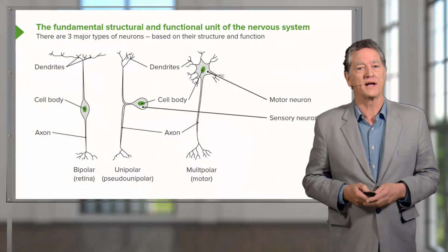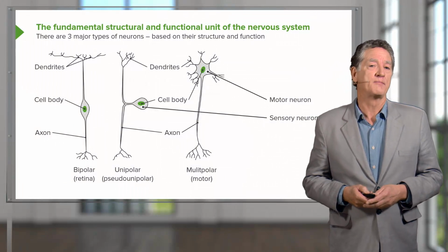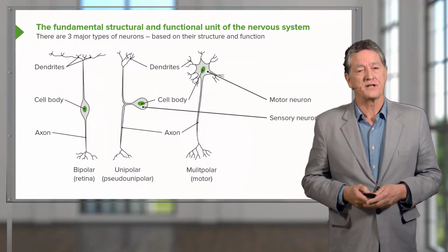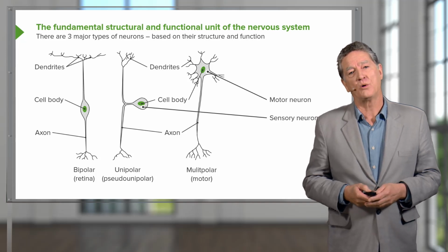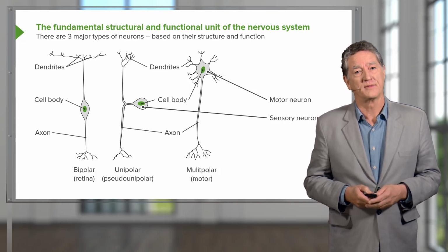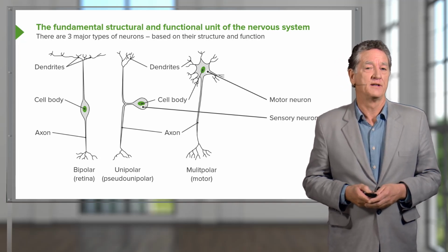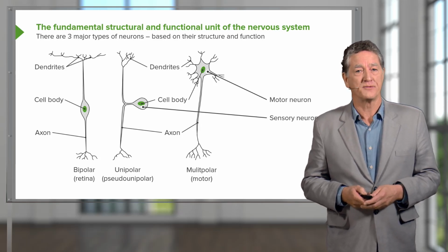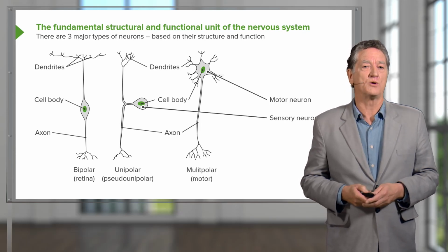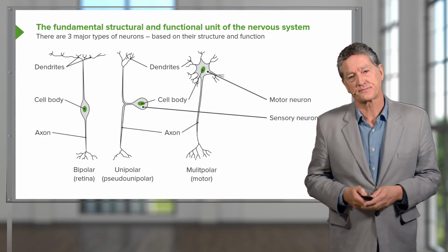It's often called a pseudo-unipolar or a unipolar sensory neuron, because it's only got one little process, one little pole coming from the cell body, whereas the motor one has a number of different processes coming, such as all the dendrites, and also the one long process, the axon. We'll talk about the bipolar or retinal neurons when we look at the eye in a later lecture.